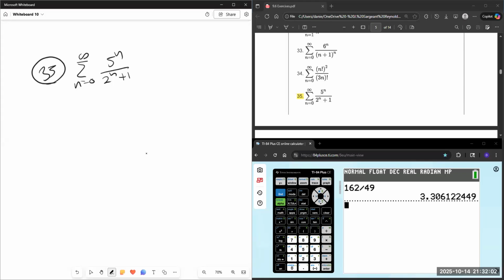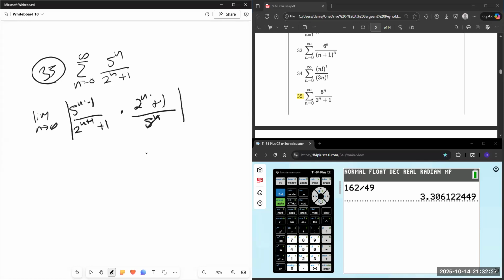And we'll make this the limit as n goes to infinity of 5 to the n plus 1 over 2 to the n plus 1 plus 1 times 2 to the n plus 1 over 5 to the n.